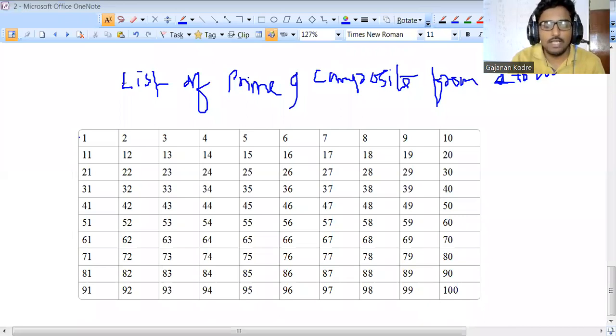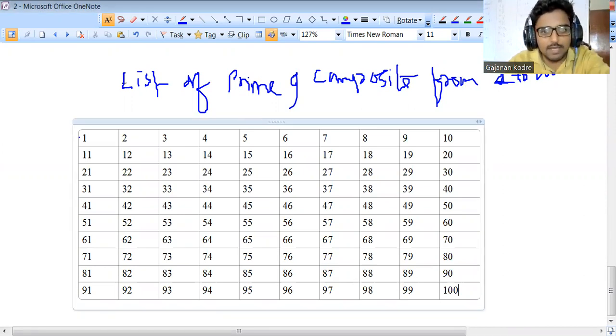Yes everyone, so like this you need to make a list of numbers from 1 to 100. As soon as you are done, you need to follow simple steps. Step 1, you will cross out 1. Why? As 1 is neither prime nor composite.